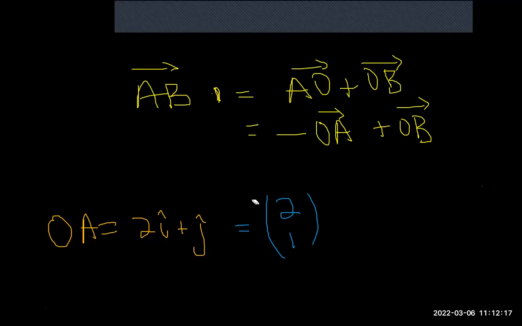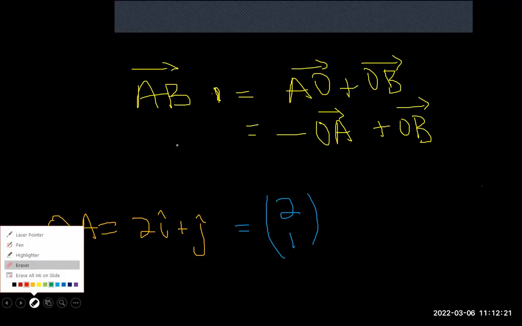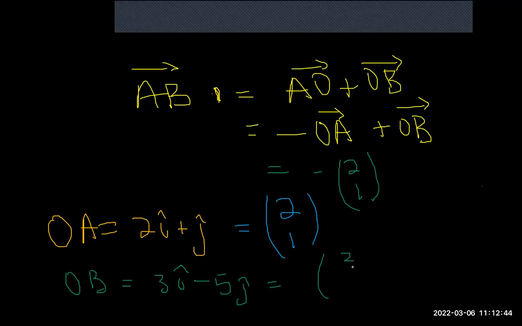I changed my vector into a column vector. That's why I can say here, OA is 2, 1 as a column vector. So minus 2, 1. OB, they told me, has the vector 3i hat minus 5j hat. So I can rewrite this as 3, minus 5.